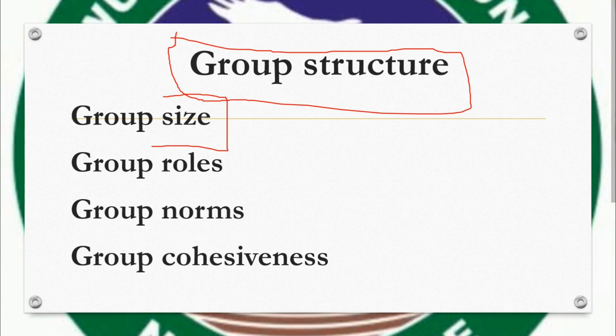Now, maintenance roles are social emotional activities that help members maintain their involvement in the group and raise their personal commitment to the group. The maintenance roles are harmonizer, gatekeeper, consensus tester, encourager, and compromiser.